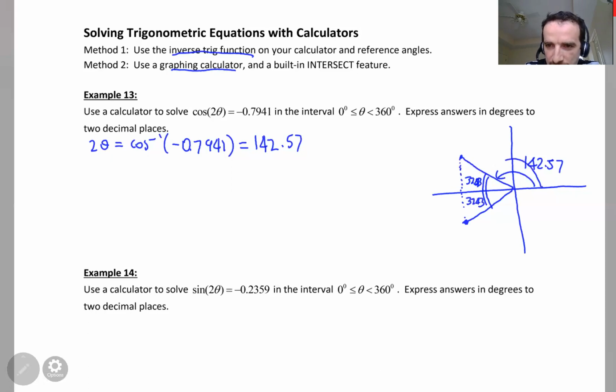So the whole total angle here is 180 plus 37.43, which makes 217.43. So we got two angles that give the same cosine value, and those angles are 142.57 and 217.43.